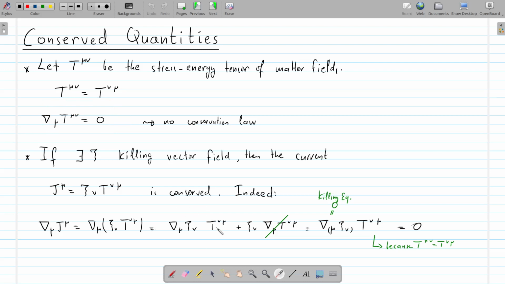But the first term also vanishes by the assumption that T mu nu is symmetric with respect to the exchange of indices mu and nu. So we can replace del mu xi nu here by its symmetric part, which vanishes due to the Killing equation.